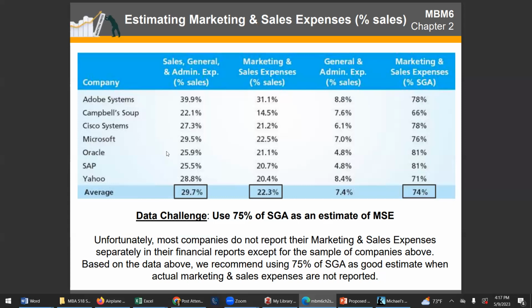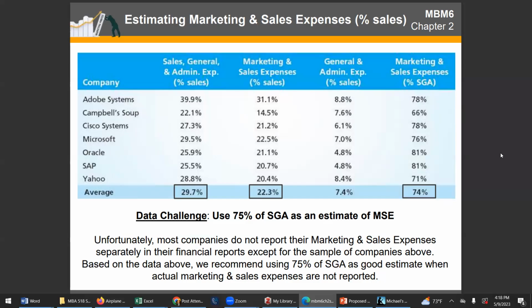But, and it's kind of interesting, lots of these companies here, in fact, I would say all of them, have historically had a strong marketing function. I know obviously Campbell's Soup has been around for a long time, very successful from a marketing perspective. Microsoft, I think the same could be said.